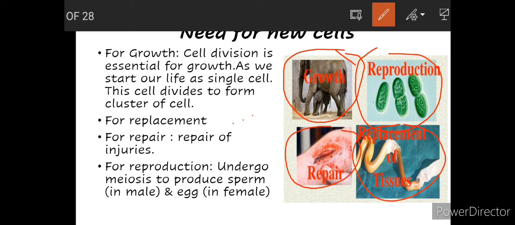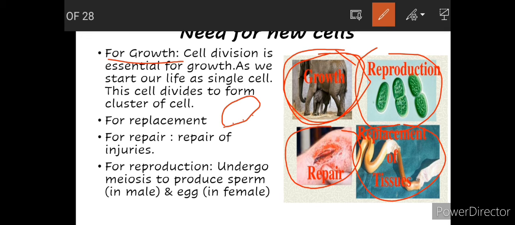So cells divide rapidly to form a cluster of cells for growth. You can see first we were babies, and now how tall we are. These are the result of repetitive cell division. New cells form for growth. Cell division is essential for growth as we start our life as a single cell.